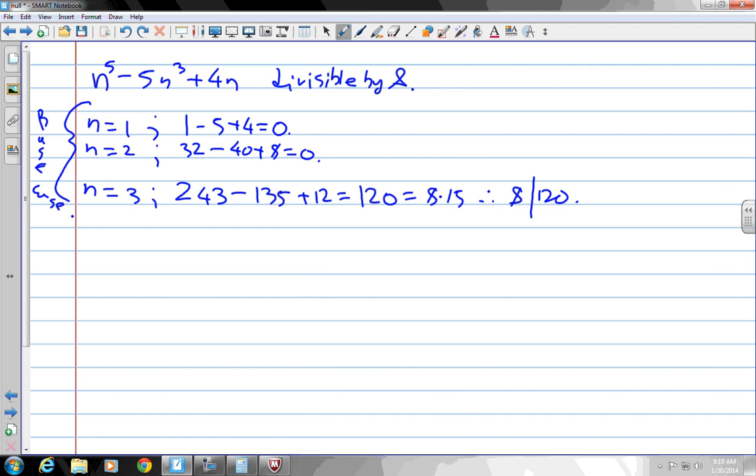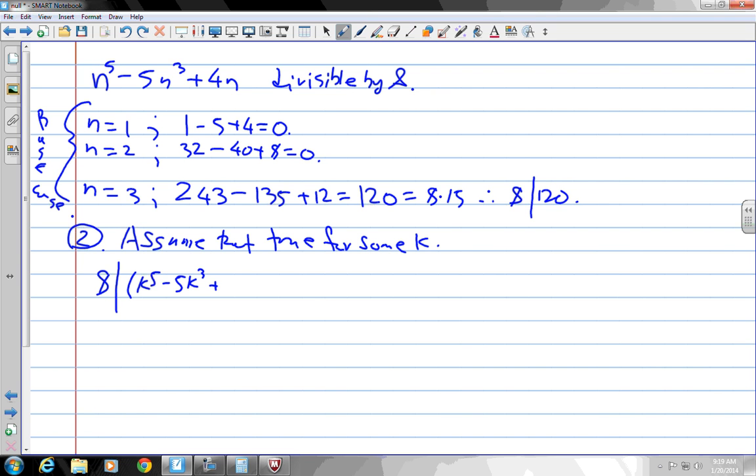Now to do the induction step, and I'm still working on it, but I'm just giving you the idea. So assume that the statement is true for some k. So that means 8 divides k to the power 5 minus 5k cubed plus 4k.